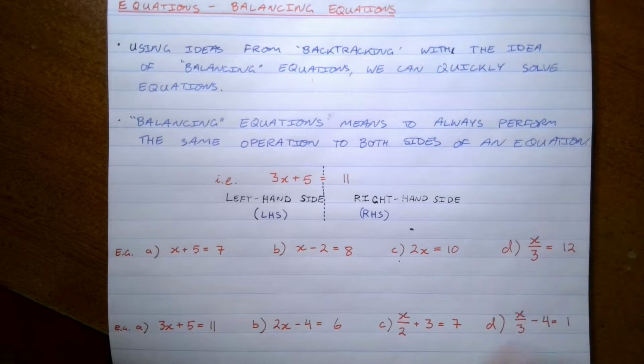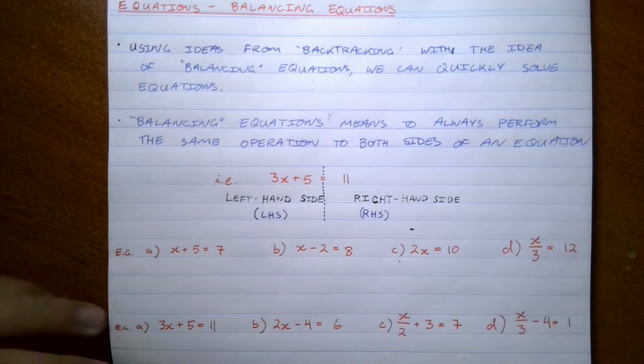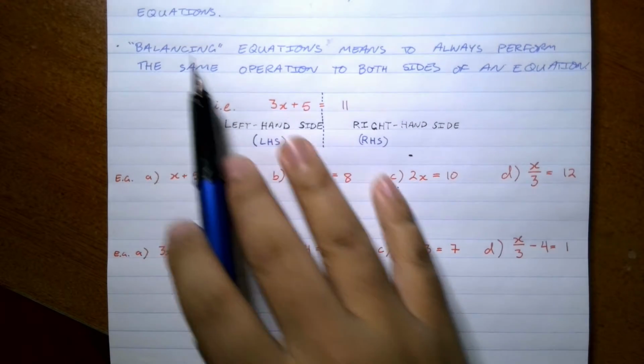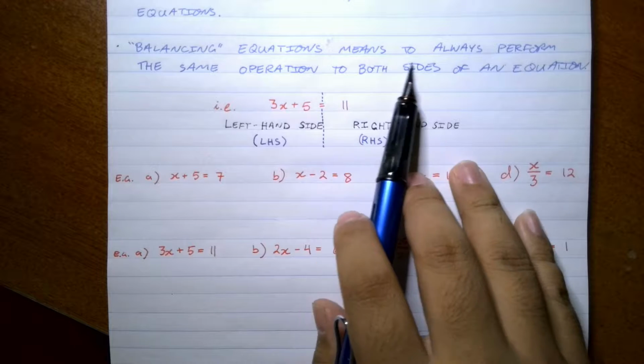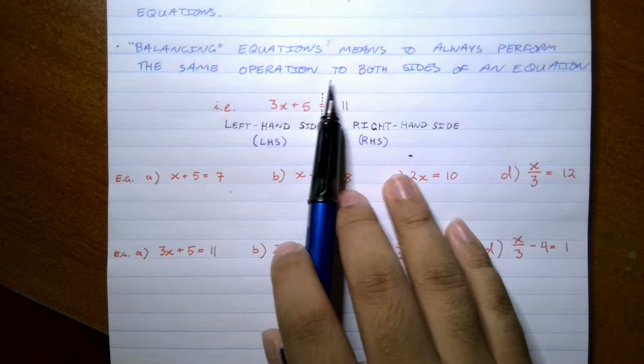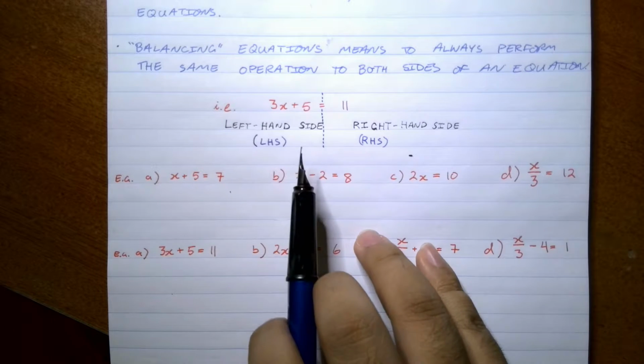But we will be introducing a new concept called balancing, which is somewhat similar. So let's get this new idea of balancing into our mind. Balancing equations means to always perform the same operations on both sides of an equation.